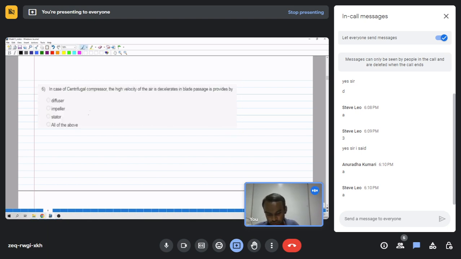In the case of a centrifugal compressor, the high velocity of air is decelerated in blade passages provided by the diffuser, impeller, stator, or all of the above.